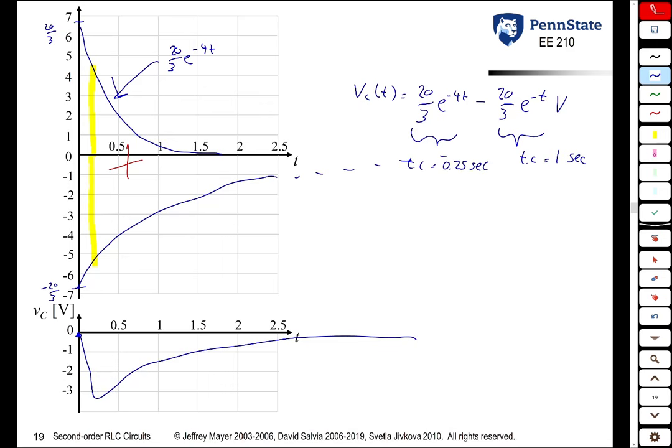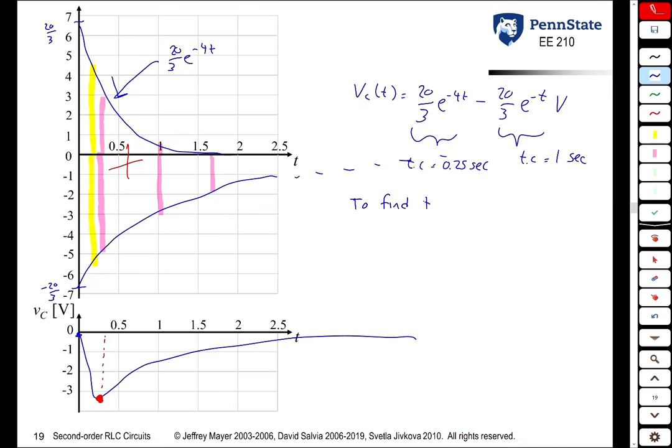So once again, early on, this is much more negative than that is positive, but as we continue on, the difference eventually gets to 0. So this begs the question, at what point does this response turn around and start heading back up to 0? Well, to do that, we need to take the derivative of Vc of t again and set it equal to 0.